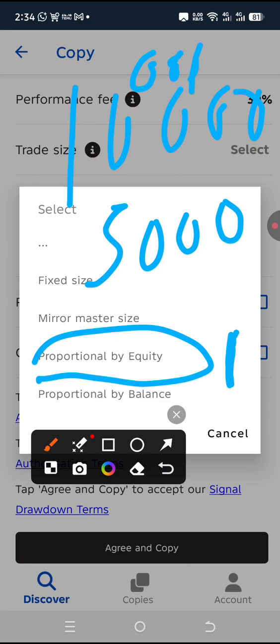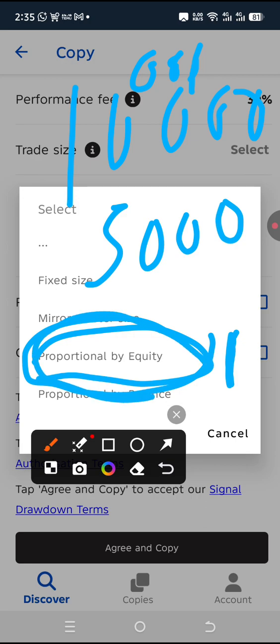So it simply means that if you are also having this, you have to trade in that line. That means you are copying the same way he's trading. And I think this is awesome. This makes you have direct impact. So if the trader is going down 10%, you're also going down 10%. But the disadvantage here is this.